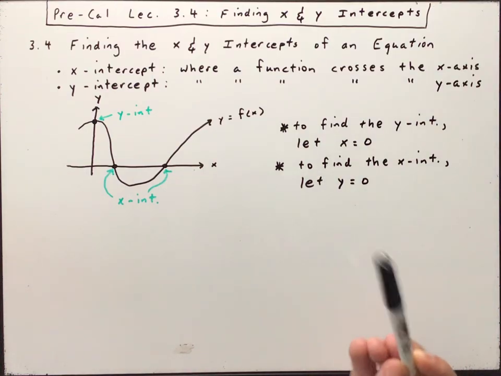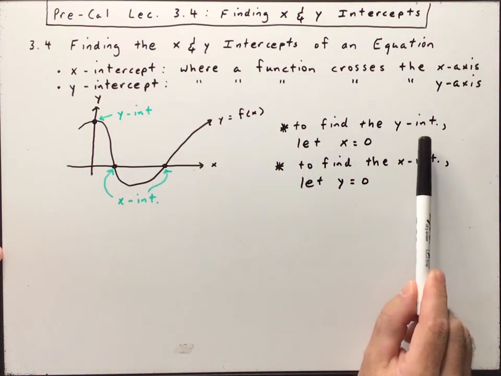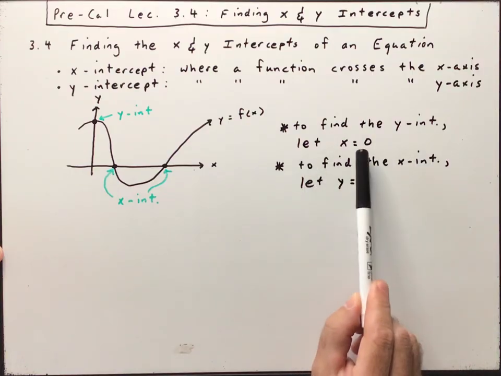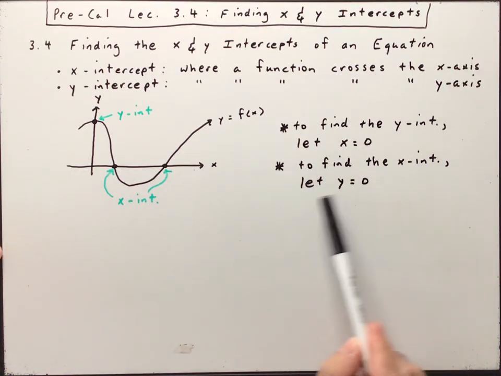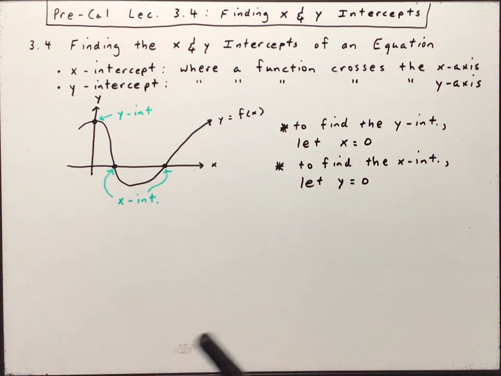In order to find the y-intercept, we let x equal 0 and then we solve for y. And to find the x-intercept, we let y equal 0 and we solve for x. I've got 3 examples, and then we'll talk about the homework.